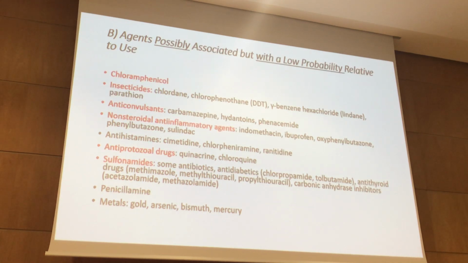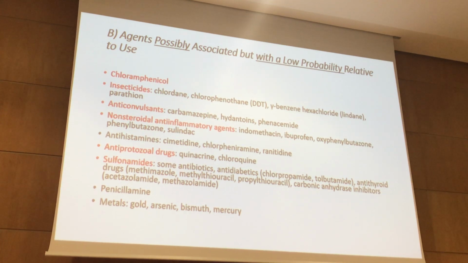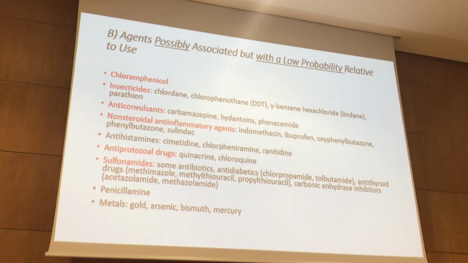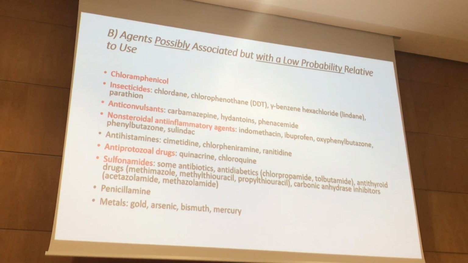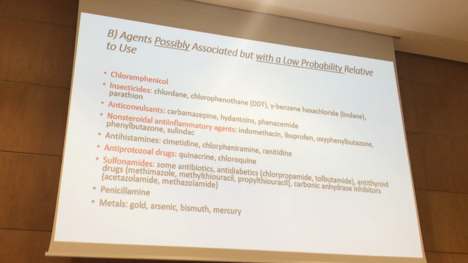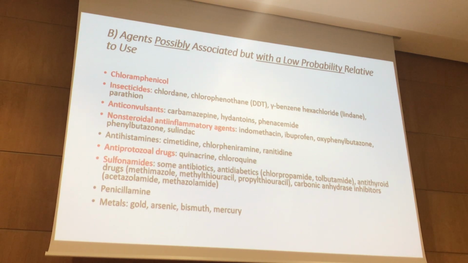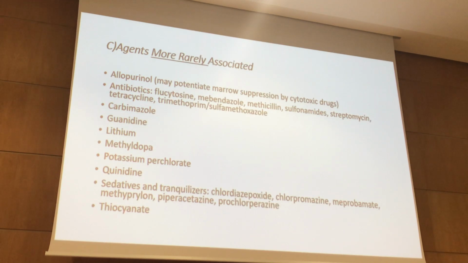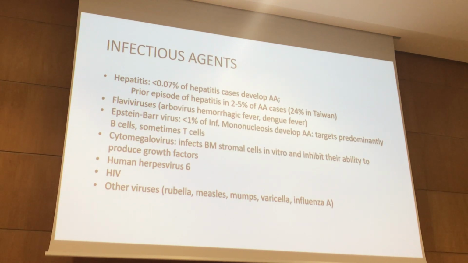There are agents that possibly cause it, so insecticides should not be forgotten. Other agents such as anticonvulsants, non-steroid anti-inflammatory drugs, and some antiprotozoal drugs, such as the antimalarial drugs quinacrine and chloroquine, and sulfonamides can be considered. And there are some rarely associated agents that may give rise to aplastic anemias.